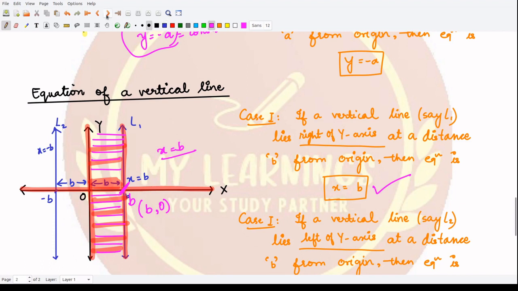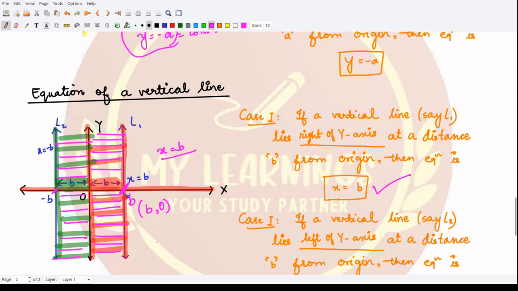In a similar manner, for the line L2, which is lying on the left of the y-axis, also at a distance b from the y-axis, at every position the x distance is constant, which is b, but we are taking it on the left-hand side, hence this point is minus b, right? All the distances on the left-hand side are counted as minus b.